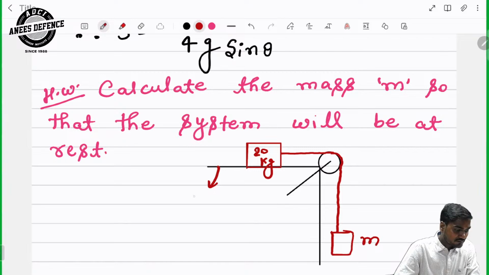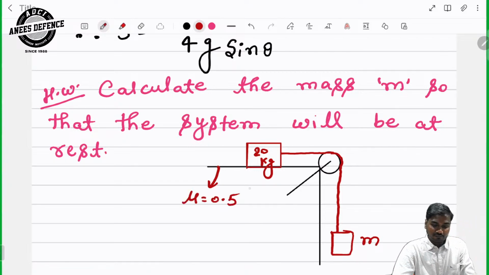The coefficient of friction is given, mu is equal to 0.5. How much mass do you have to apply here so that the system will be at rest? Friction force will balance the mass. mg will act in the downward direction and will be balanced by tension.